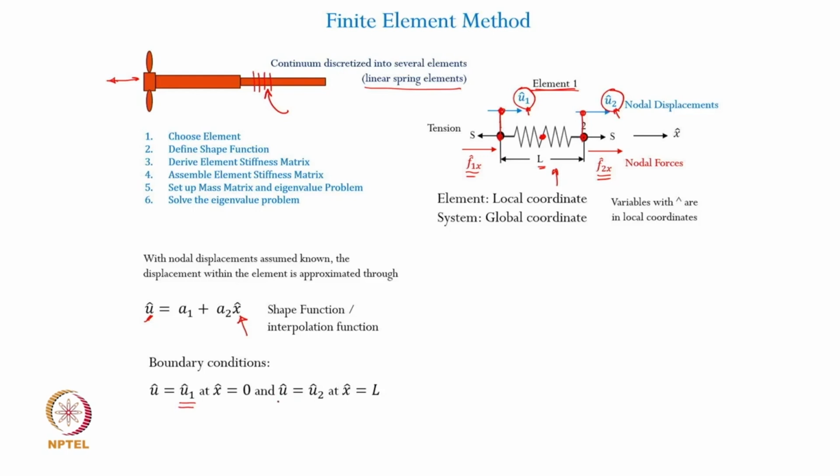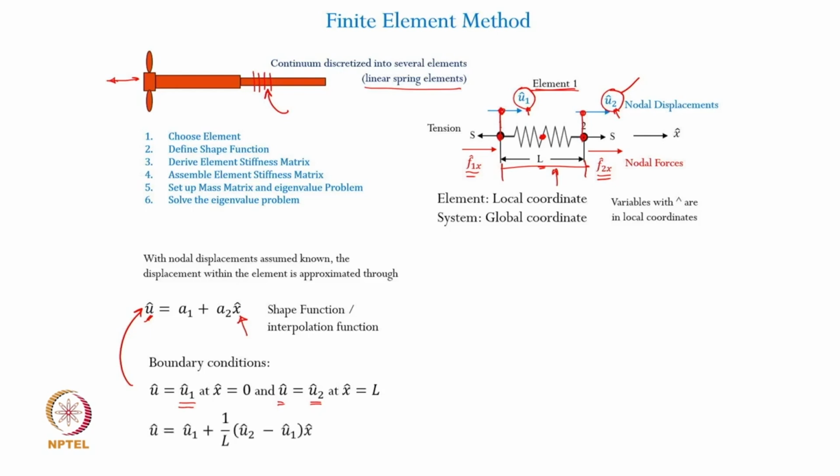And similarly, u cap would be the nodal displacement u2 cap at x cap equal to L, where L is not the length of the total vibratory system, it is the length of the finite element. With these boundary conditions specified, we can use them in this equation and get the constants a1 and a2 defined, and obviously it will be in terms of the nodal displacements, which are known values.